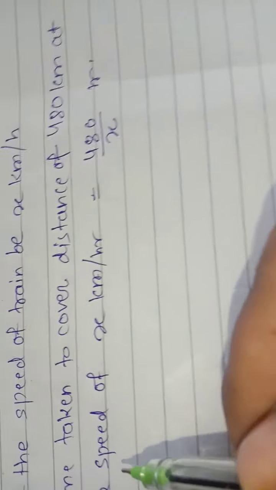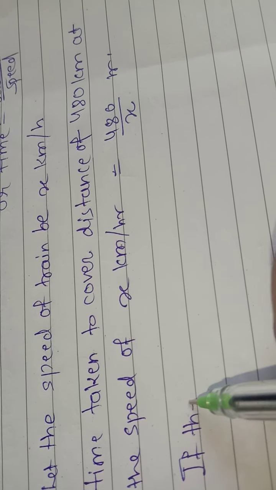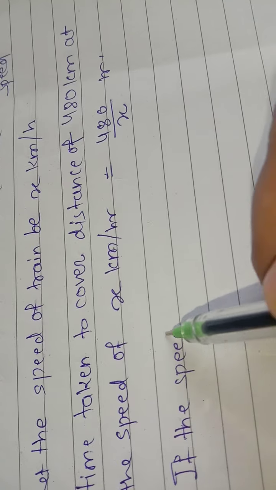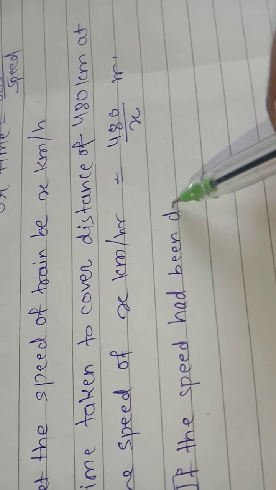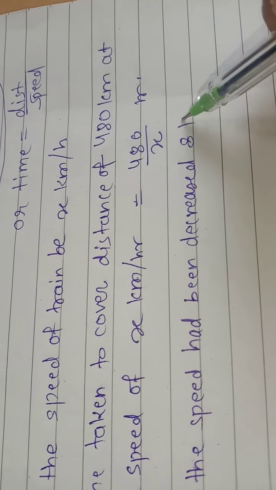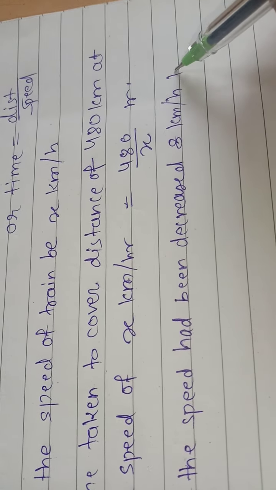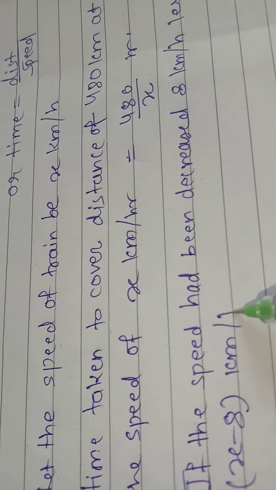So write down, if the speed had been decreased 8 km per hour less. So I will write here, it is x minus 8 km per hour.